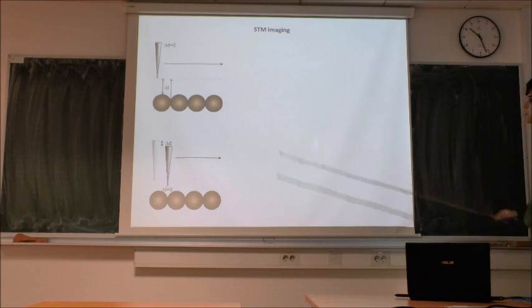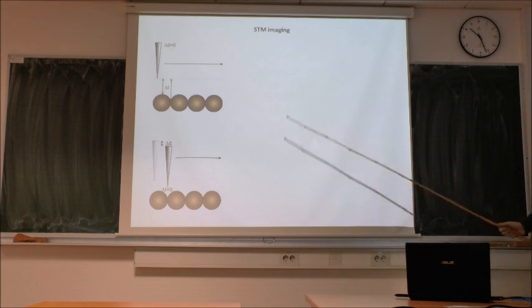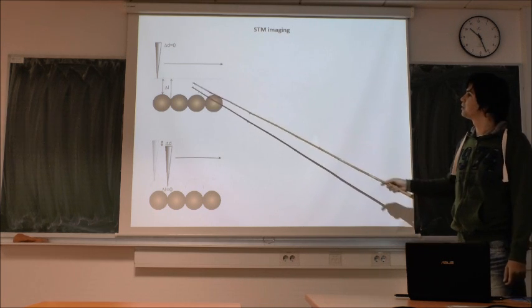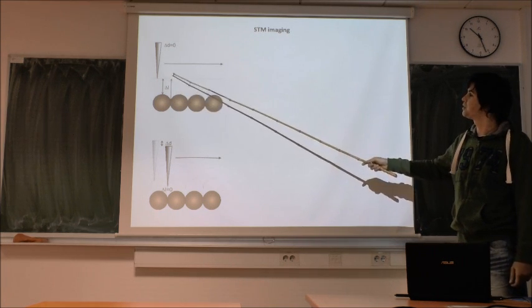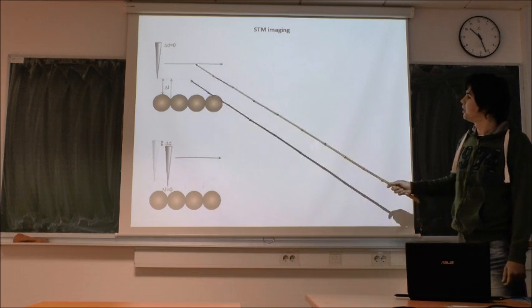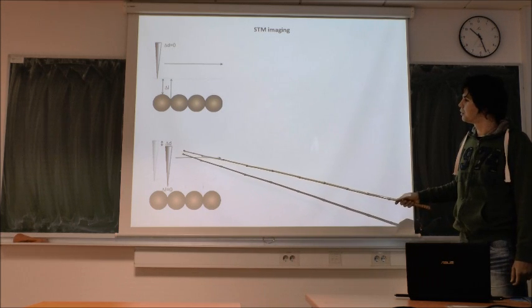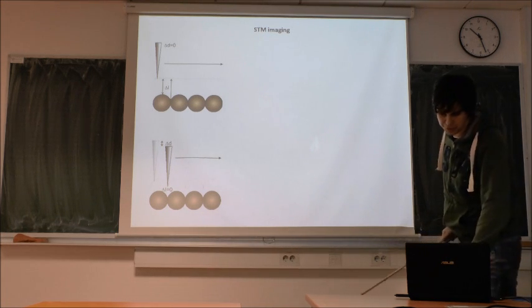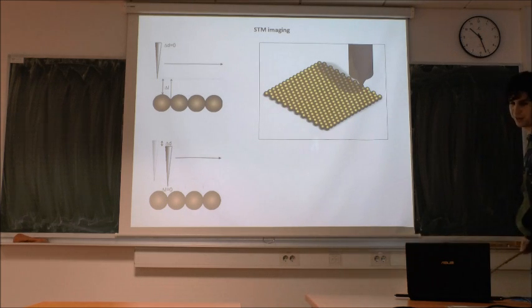The tip goes up and down, up and down. So this mode is slower, but due to the exponential dependence of the tunneling current on the distance, this is the mode you basically always use when you want to image the sample surface.